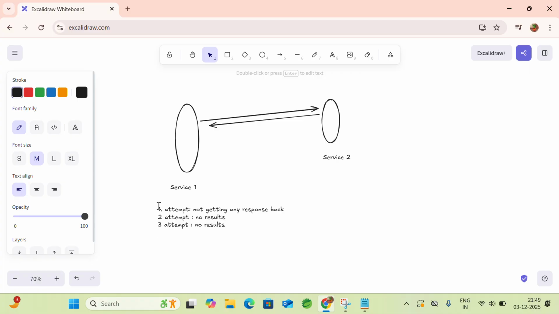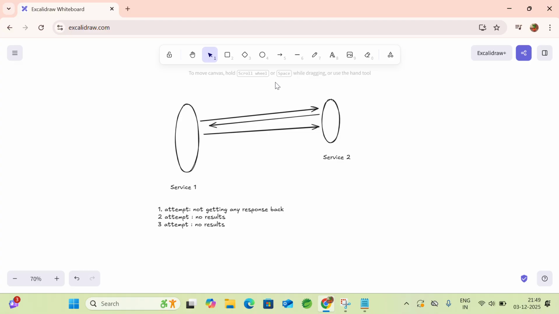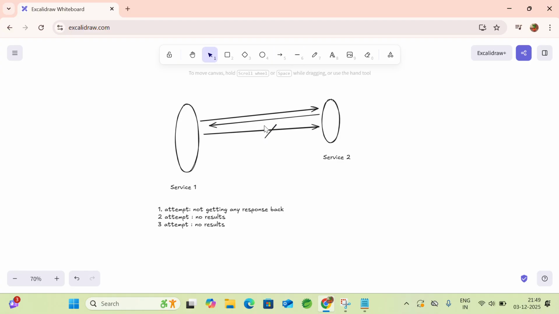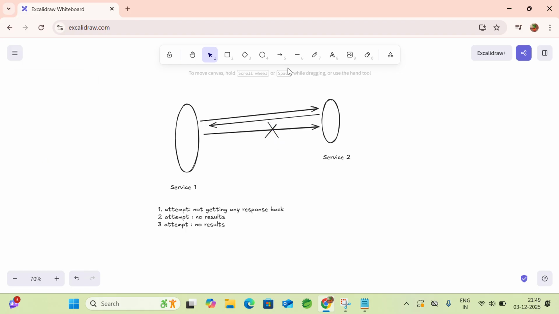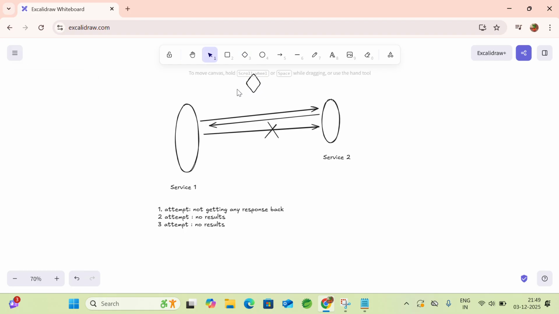Again we try to ask for some of the data and we are not getting the response. Now what we will do is break this connection. This is what the circuit breaker is. Here we'll install a circuit breaker.